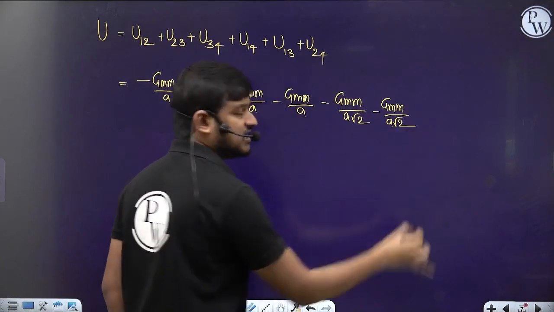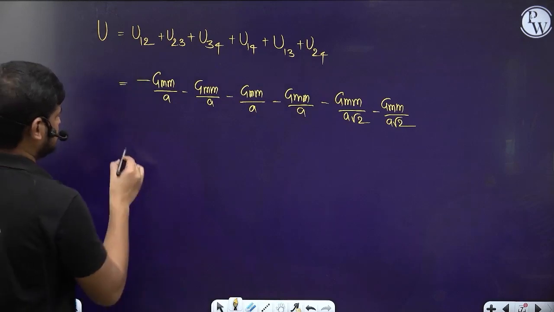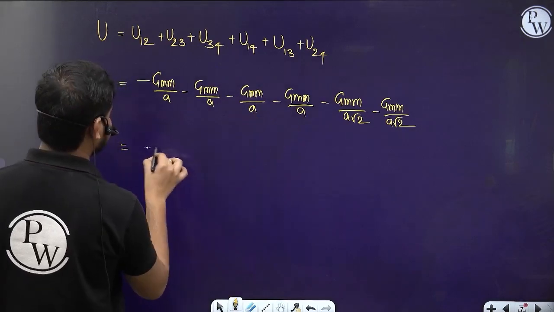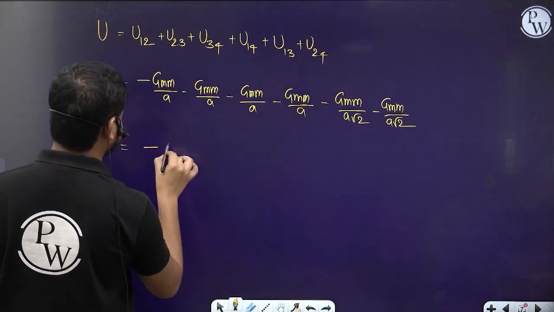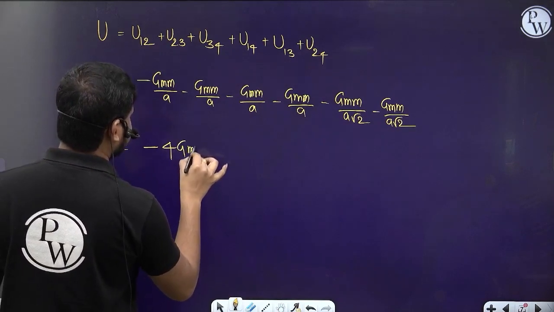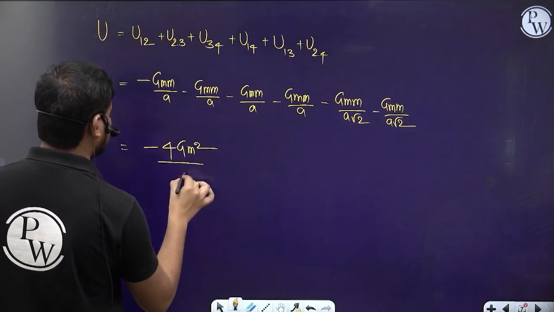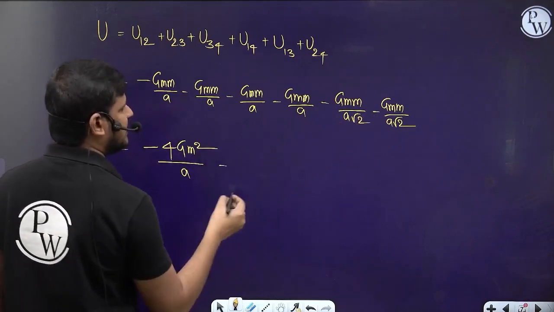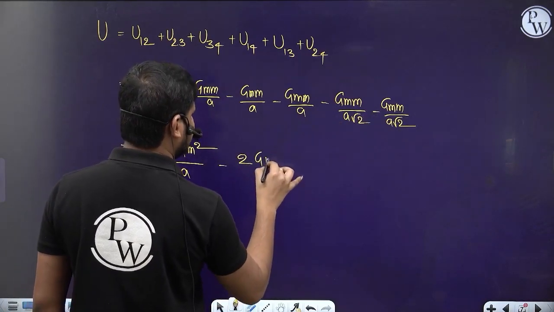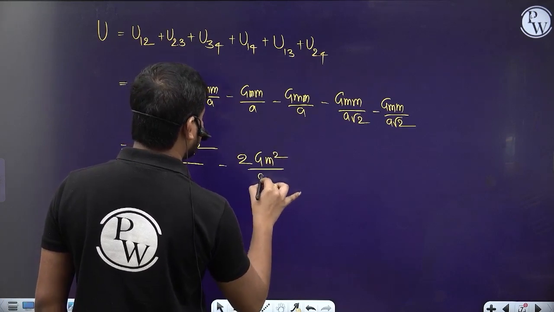Simple one, right? So these 4 I can add, which is minus 4G MM, and MM means m square, so minus 4G m square by A. These 2 I can add, so minus 2G m square by A root 2.